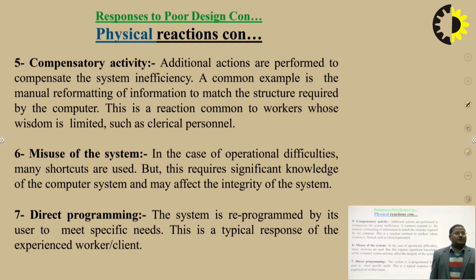Another physical reaction that can be given by the customer is compensatory activity. Additional actions are performed to compensate for the system inefficiency. If the system is inefficient, then additional tasks will be performed. A common example is the manual reformatting of information to match the structure required by the computer.